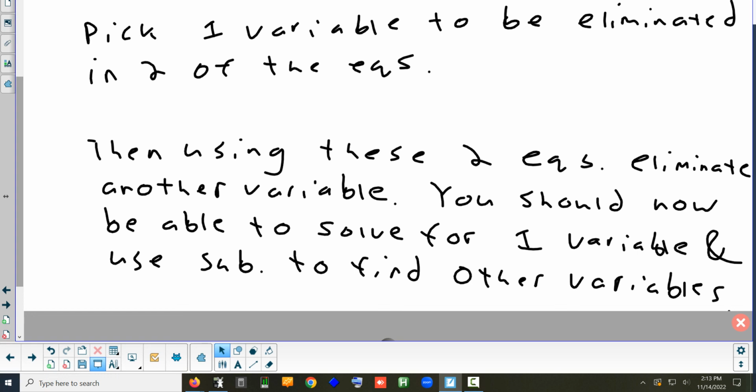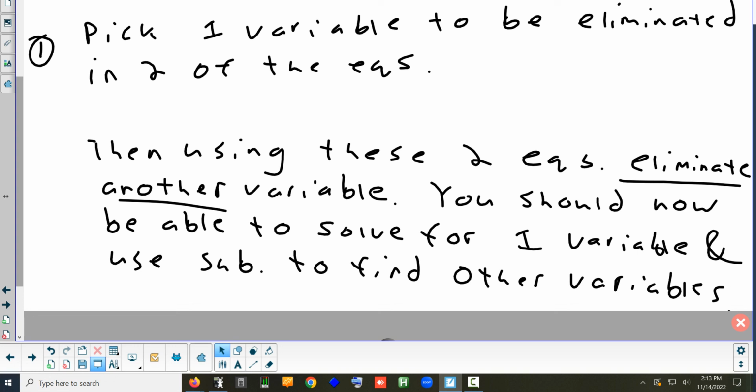Once you've done that, after this first step, you're going to be down to a problem with 2 variables and 2 equations. Now, solve that like I just taught you. Eliminate another variable. Now you're going to be down to 1 variable with 1 equation.